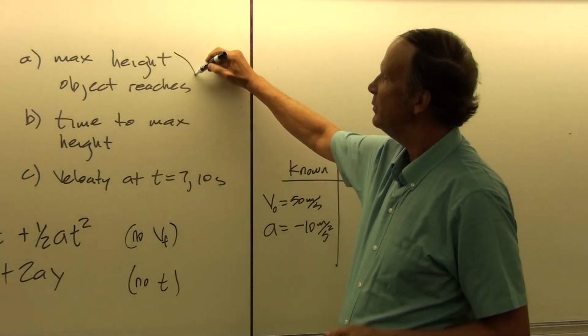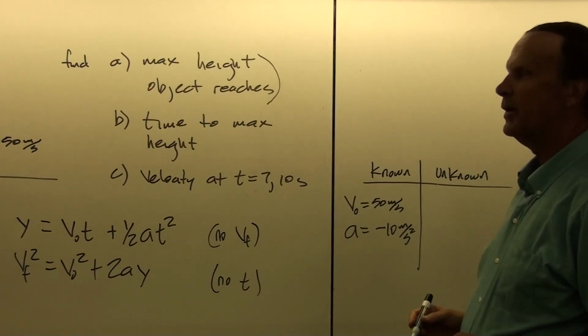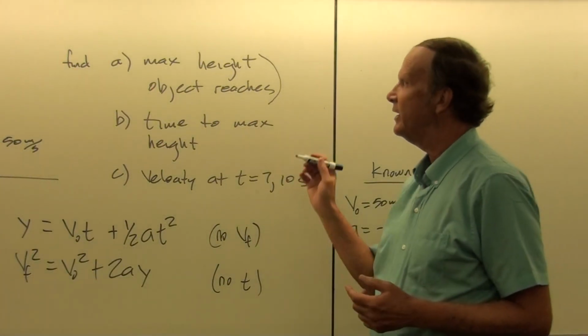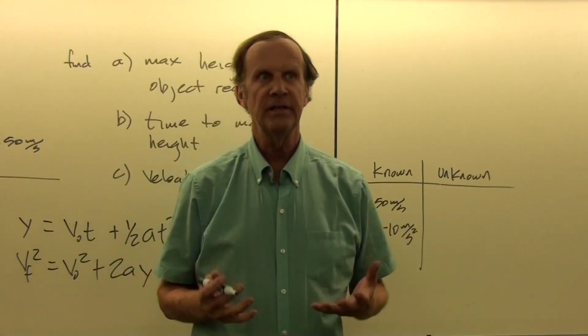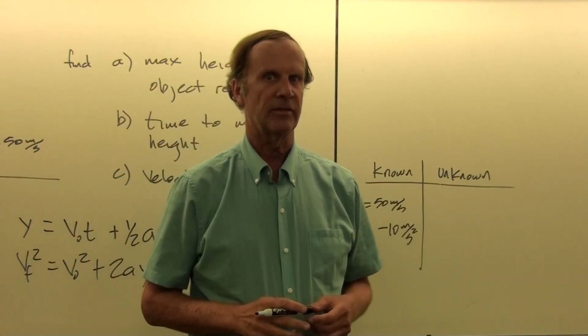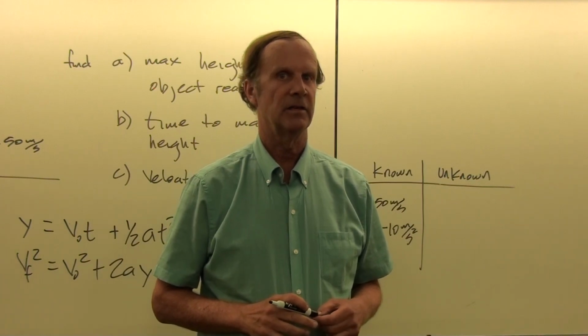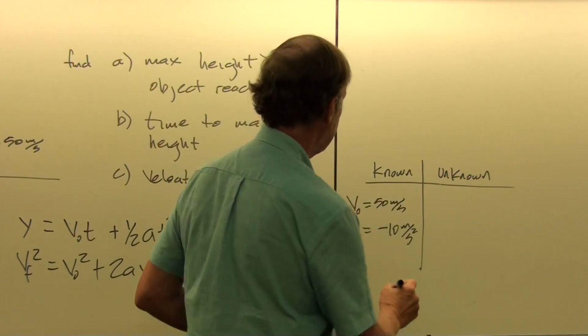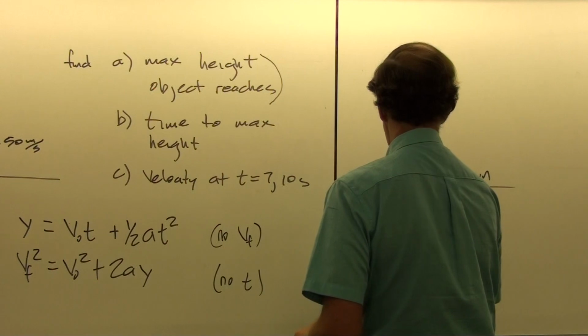Here there's a hidden piece of information in the fact that we're talking about the maximum height. Even though it is not explicitly stated in this problem, you would need to be able to deduce that the maximum height occurs when the final velocity at that maximum height is 0. You say, well, what good is it if it's 0?